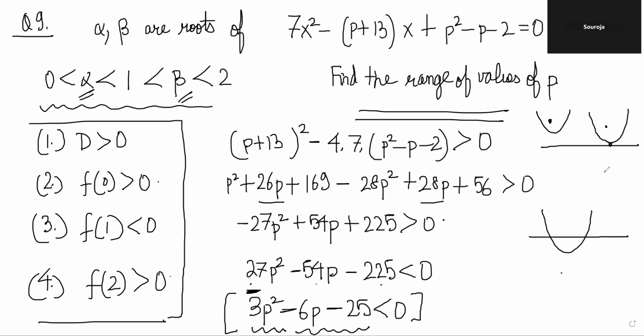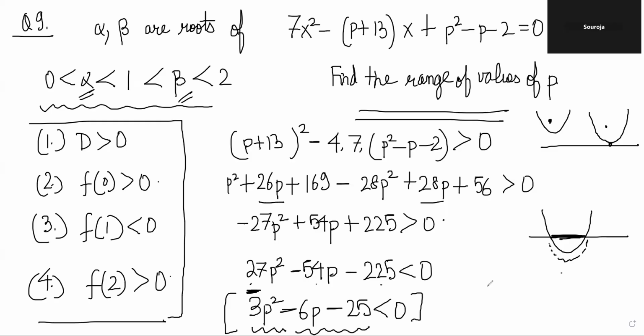It has to be the case where this is the situation. And p should be between the roots, then only it will be negative. The only way for this quadratic to give a negative answer is when the variable is between the two roots.